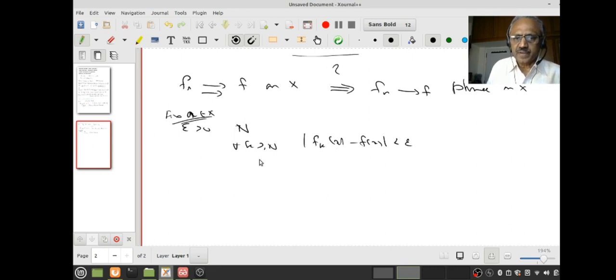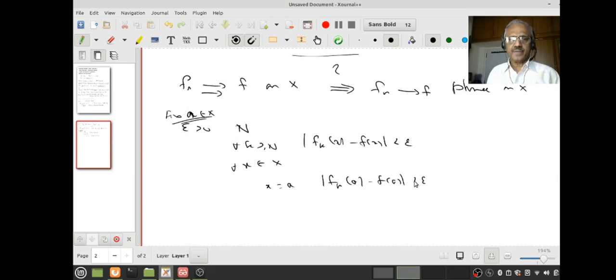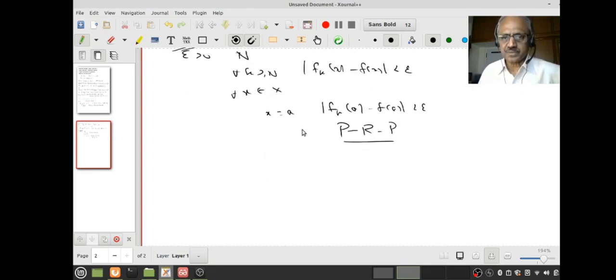Suppose you gave me a; in particular, x equal to a, fk of a minus f of a is less than epsilon. So what do you find? If fn converges to f uniformly on X, then fn converges to f pointwise on X. Is that clear? Make sure that you understand. It's similar to any uniformly continuous function is continuous. It's exactly the same argument.